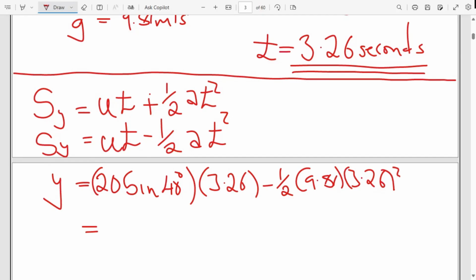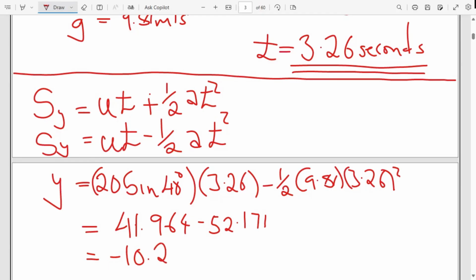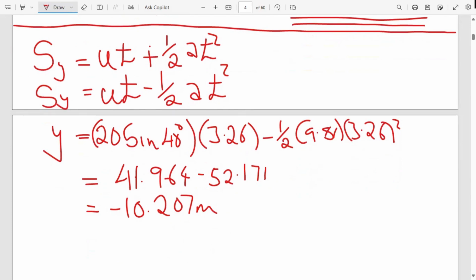If I plug this into my calculator, I'm getting 41.964 minus 52.171, and this is giving me a final answer of negative 10.207 meters.